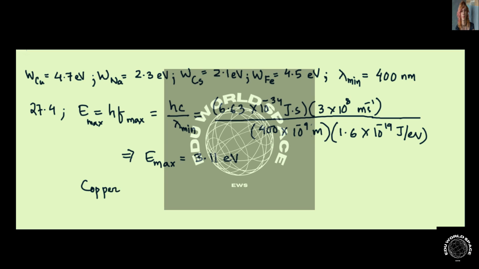So for copper and iron, the work function, let's say WF, is greater than the maximum energy of visible light. So this means that these two metals will not emit any electrons.